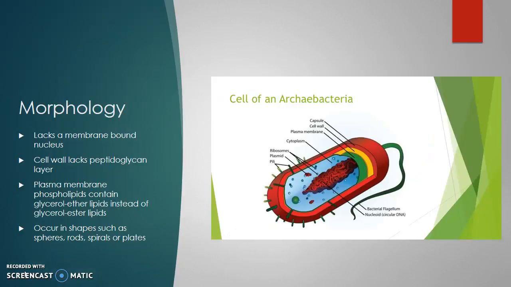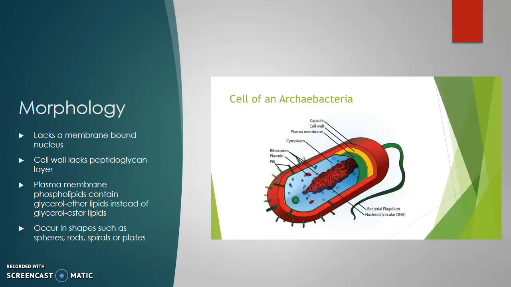Next, we have the morphology or the cellular makeup of archaea. I mentioned earlier that they have some characteristics that set them apart from being classified in the bacteria or eukarya domains. The way that they differ from eukarya is that they lack a membrane-bound nucleus. You can see here in the middle, they just contain a nucleoid, which is basically a cluster of DNA.